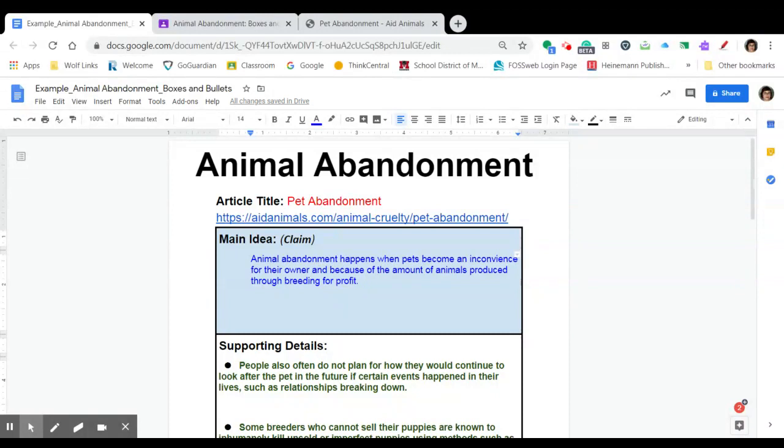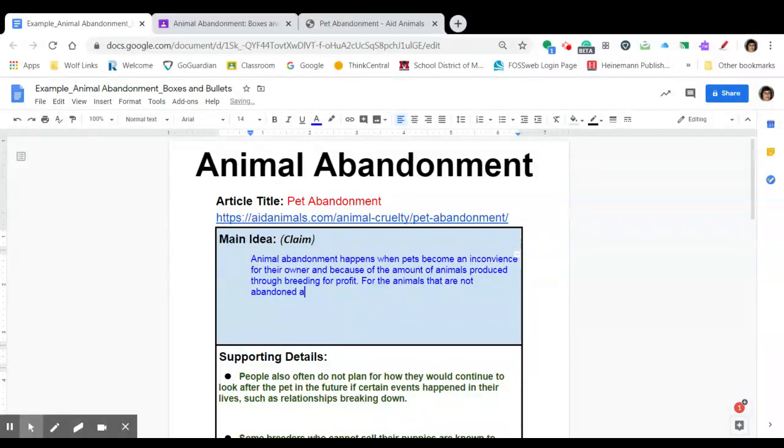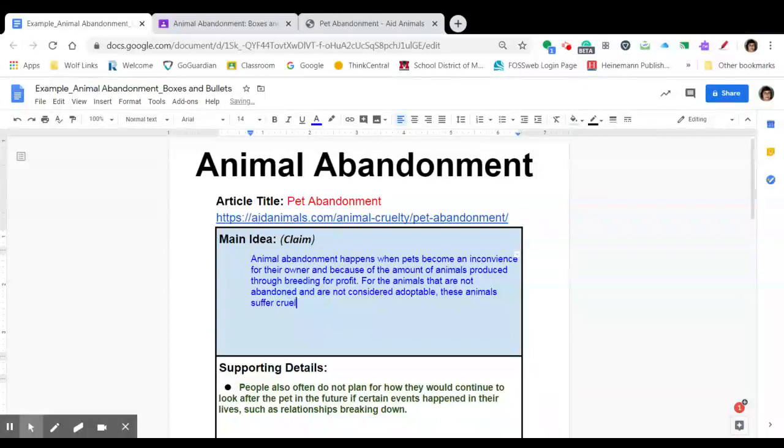I'm going to add on here, for the animals that are not abandoned and are not considered adoptable, these animals suffer cruel fates. Now I know that I have all of what I put in my main idea covered with my supporting details.